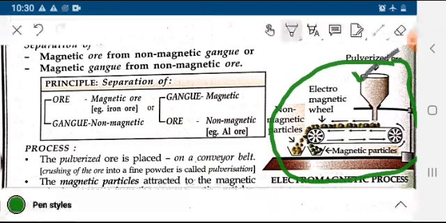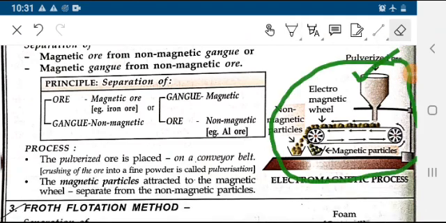Here pulverized ore is placed and the wheels are moving on. The crushed ore is passed and moves on with the belt, and the magnetic and non-magnetic particles get separated on the basis of their magnetic behavior.